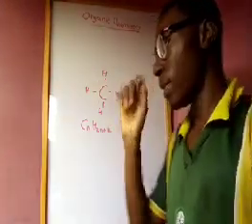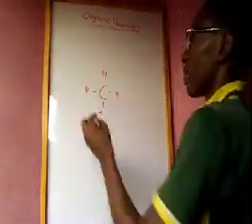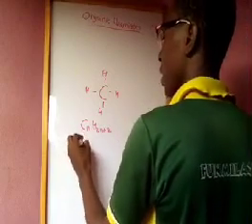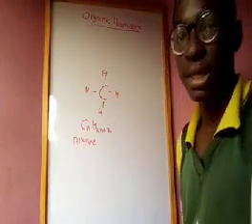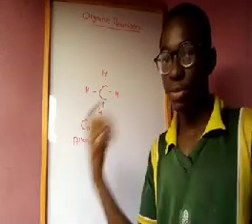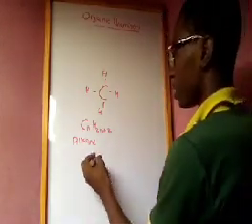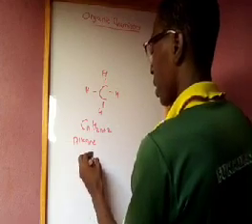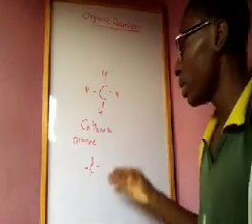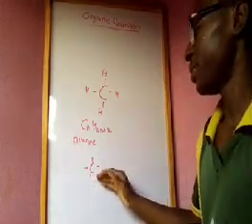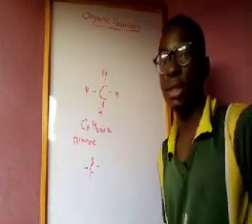The next one we're talking about is alkenes. Alkenes are a type of hydrocarbon that is unsaturated. So out of the 4 spaces for substituents in carbon, only 3 are used, and the remaining 1 is not used.